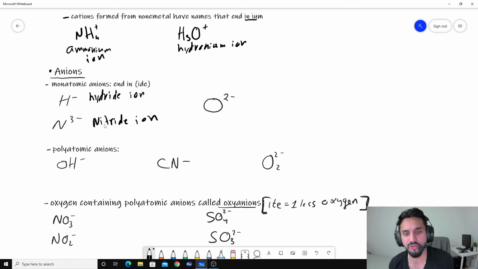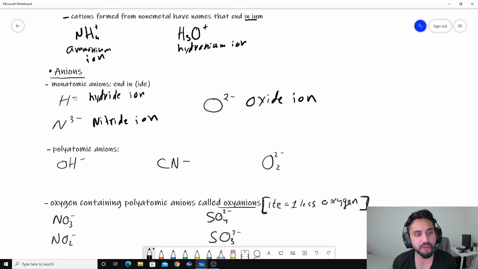Here we have an oxygen ion, and we call this oxide ion. Notice that we do not show the charge numbers with Roman numerals. We only do that with those transition metals.